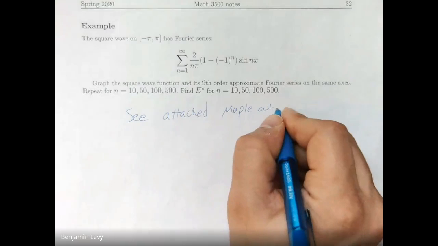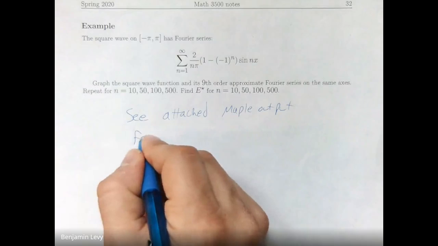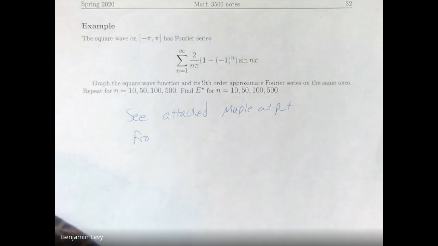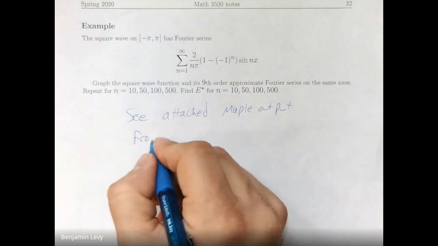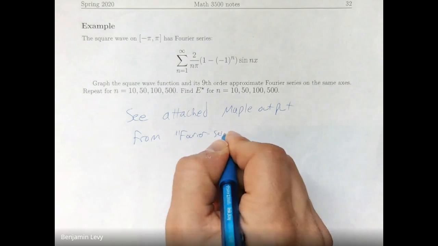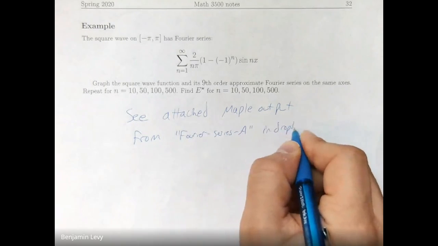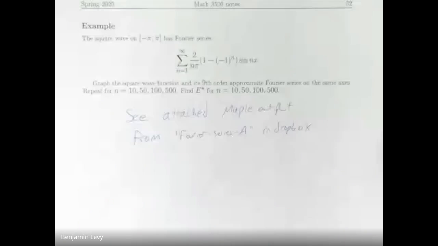I'm going to switch over to the Maple code called Fourier Series 2. Actually, in the Dropbox, it's called Fourier Series A. I'll switch over to that in a second, but let me just read the problem.